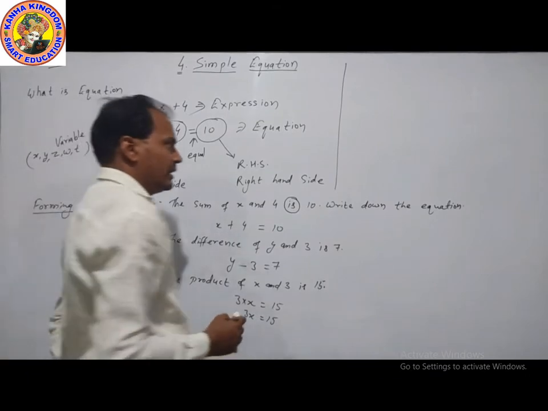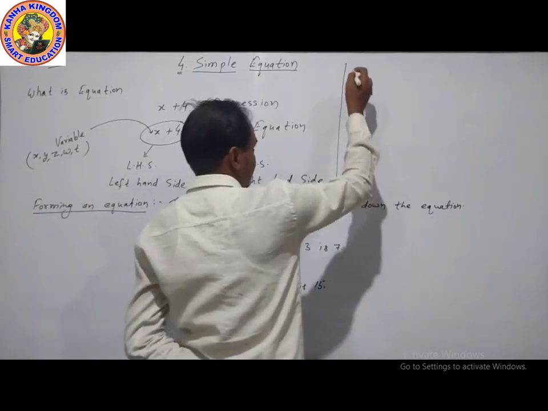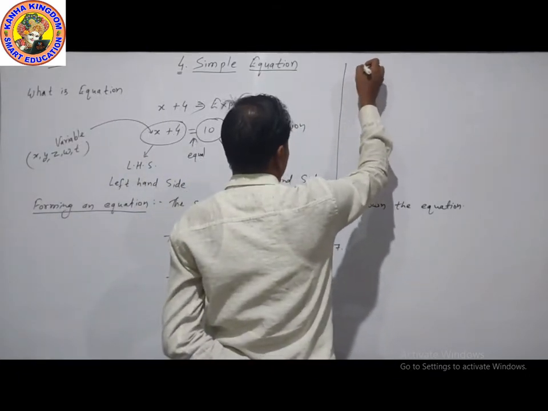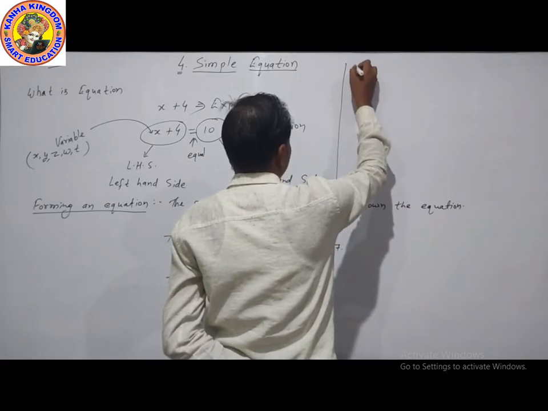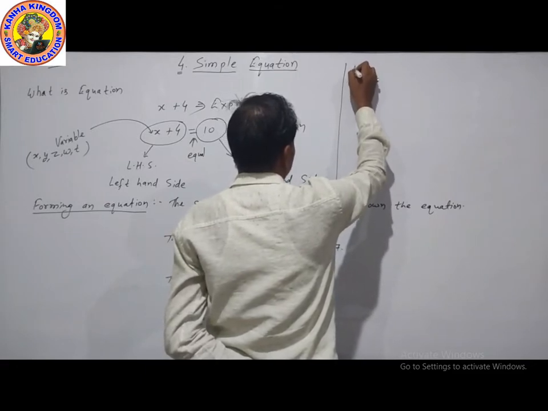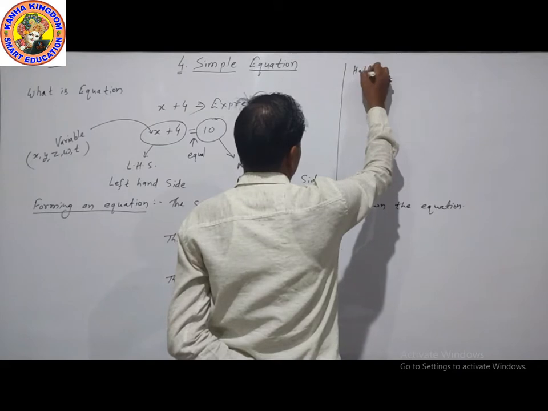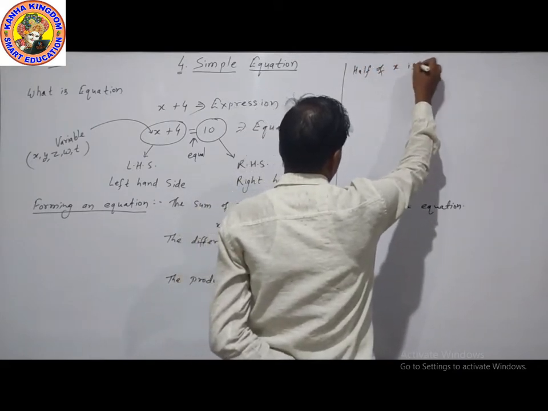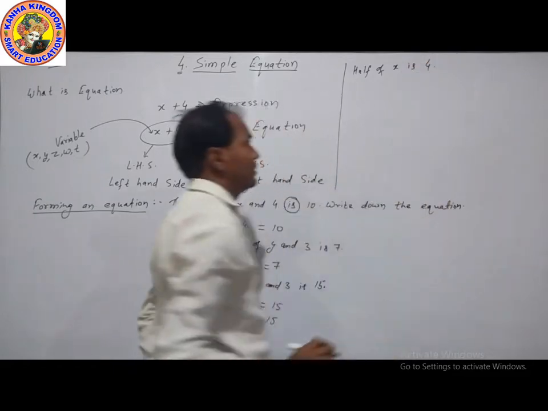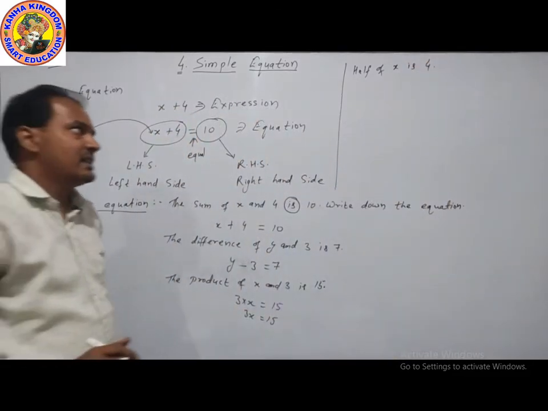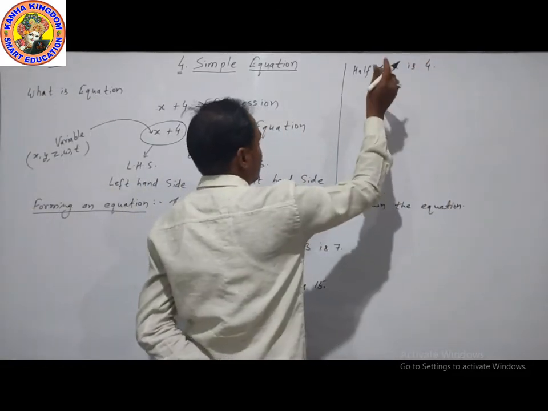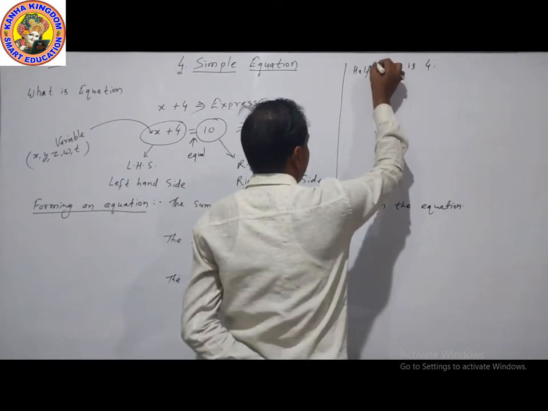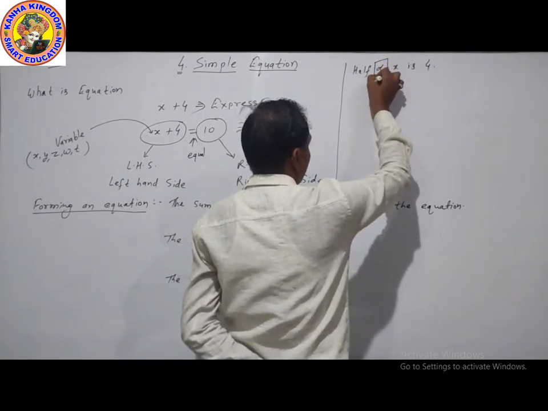Now an example for divide. Half of x is 4. Here is the word of.